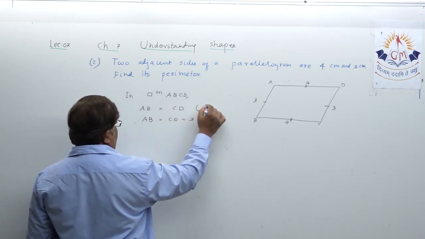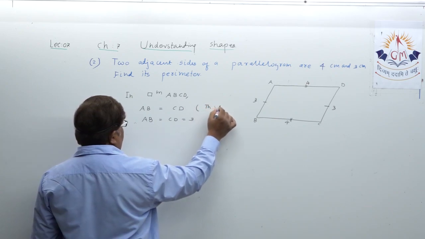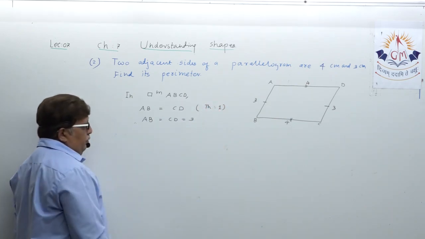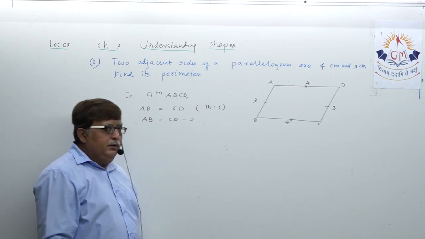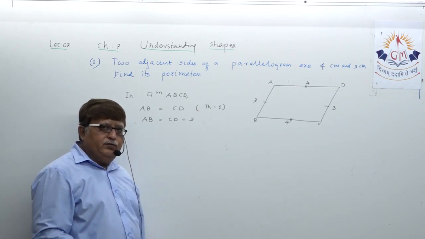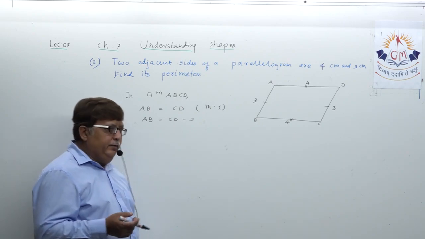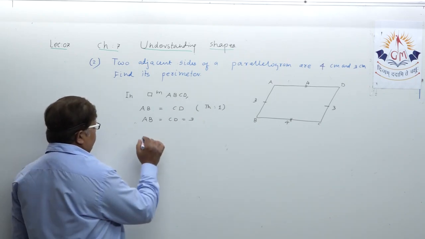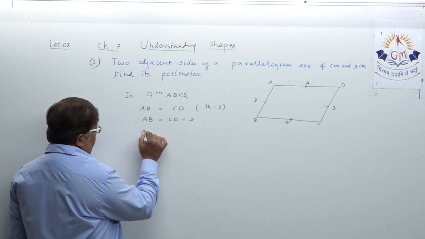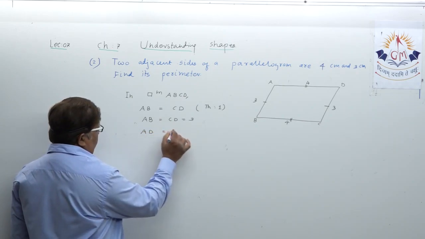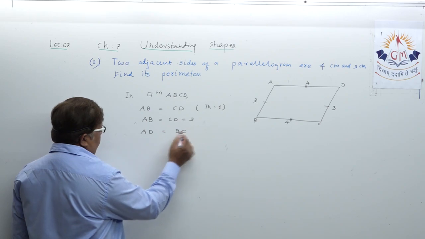Some students, if you want to write the reference, they can write also. I don't mind. You can write it as a reference, that shows your strengthening of the concept. Then AD equal to BC.